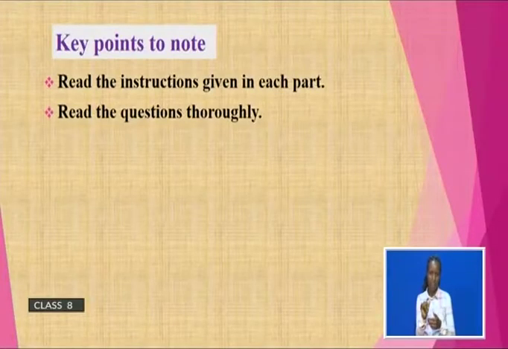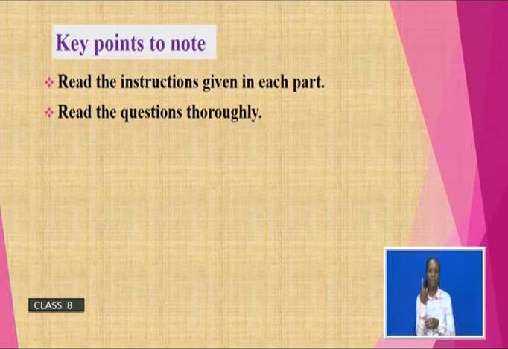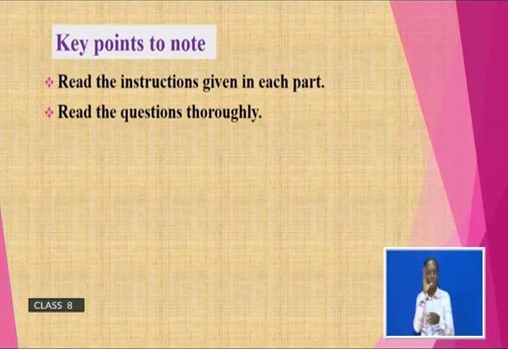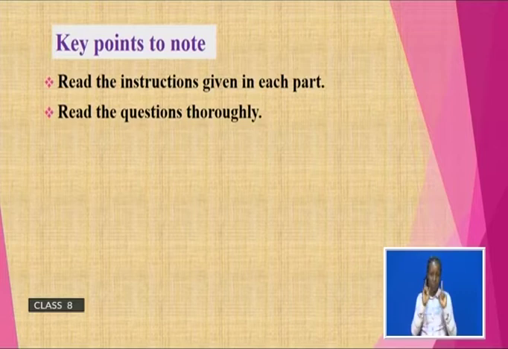Each question has an instruction, and the instructions show you what is required of you as a learner. Another important thing, learner, read the questions thoroughly or keenly. And how do you read thoroughly or keenly? Read for understanding. When you just rush through a question, you may not be able to understand what it requires. So, be able to read thoroughly.